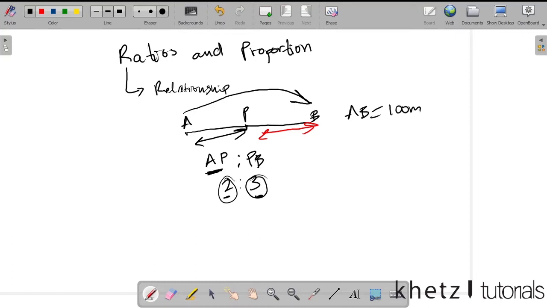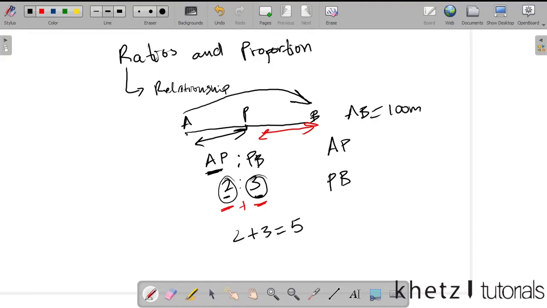So to find the actual values in meters of AP and PB, this is what you do. Whatever ratios you have, 2 and 3 in our case, you add these two up and get 5.